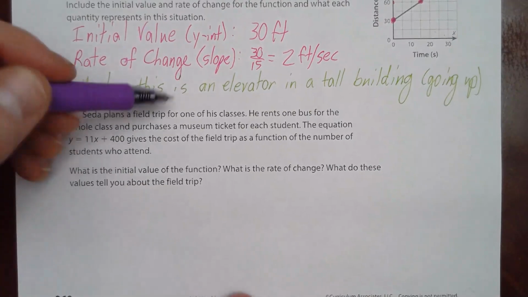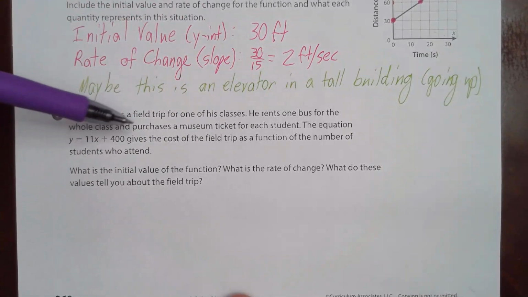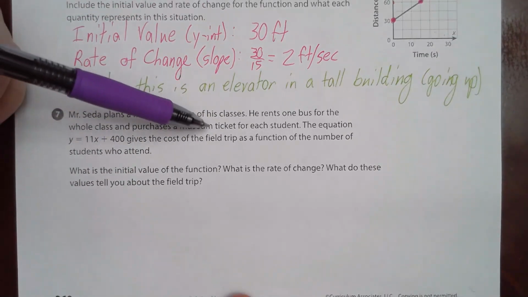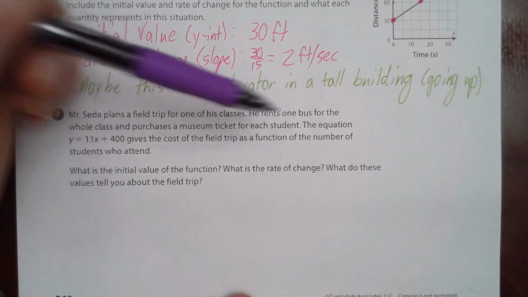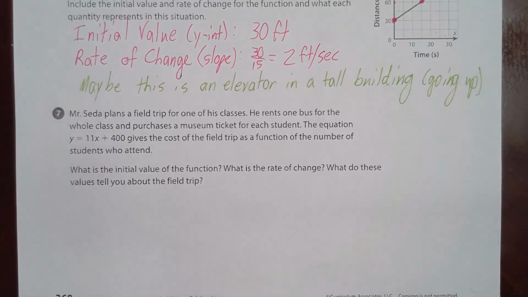Plans a field trip for one of his classes. He rents one bus for the whole class and purchases a museum ticket for each student. The equation is y equals 11x plus 400. I hope that having read that already, you're already reading into this equation.